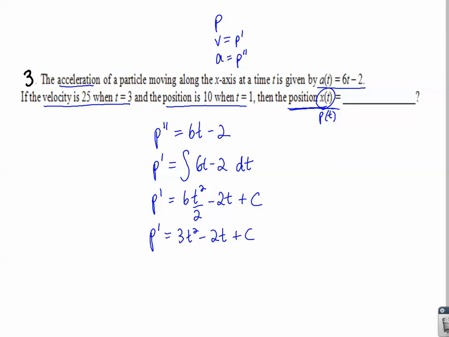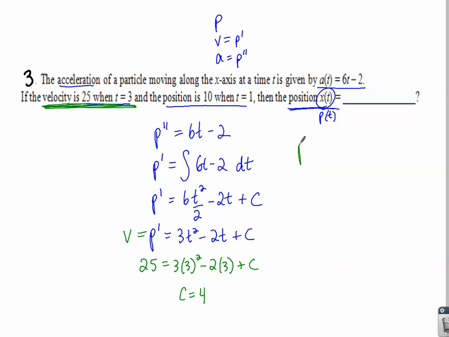Well, we need an initial condition. What is P prime? Velocity. And the velocity is 25 when time is 3. So 25 equals 3 times 3 squared minus 2 times 3 plus c. I solve for c, and I find c to be 4.